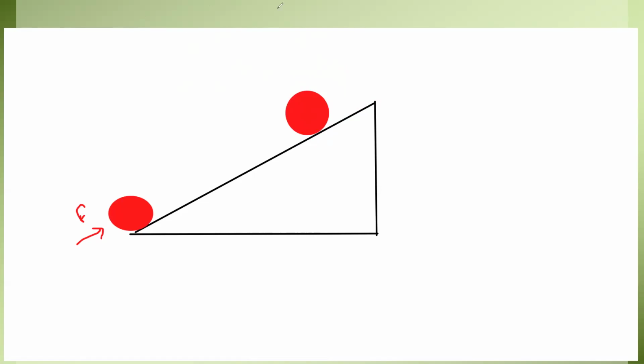We push the object at this point and provide it a speed v, so the form of energy given to the object is kinetic energy. When the object is moving on this inclined surface, the surface has friction. The friction is F, and the distance which the object moves is d.